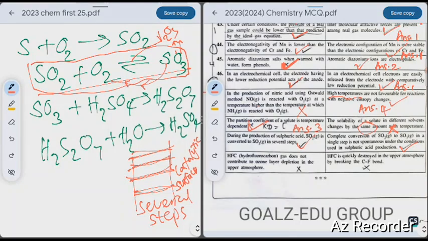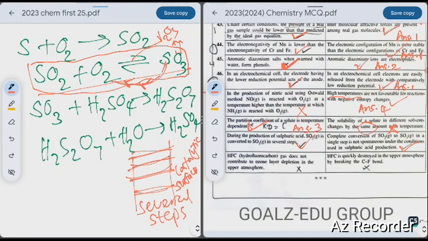When more SO3 is being formed, it will tend to make the reverse reaction happen, so it can be non-spontaneous if we do it in a single step.